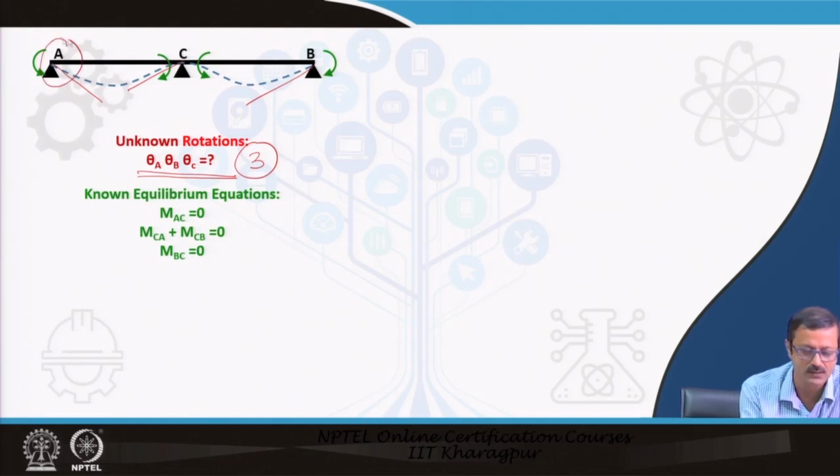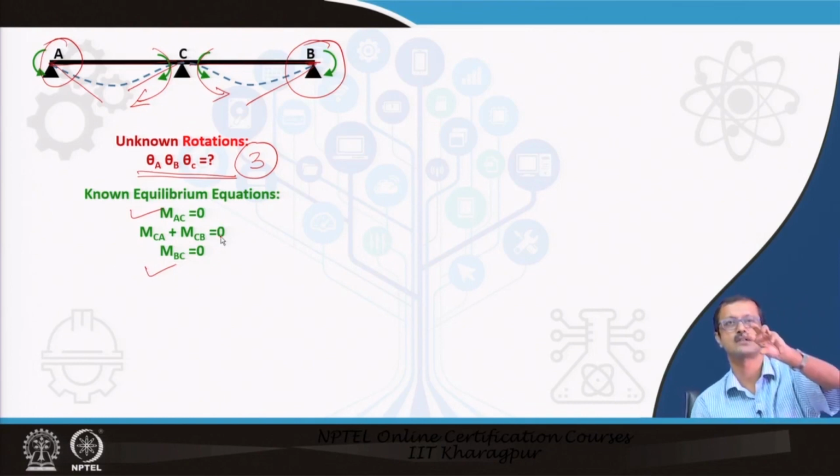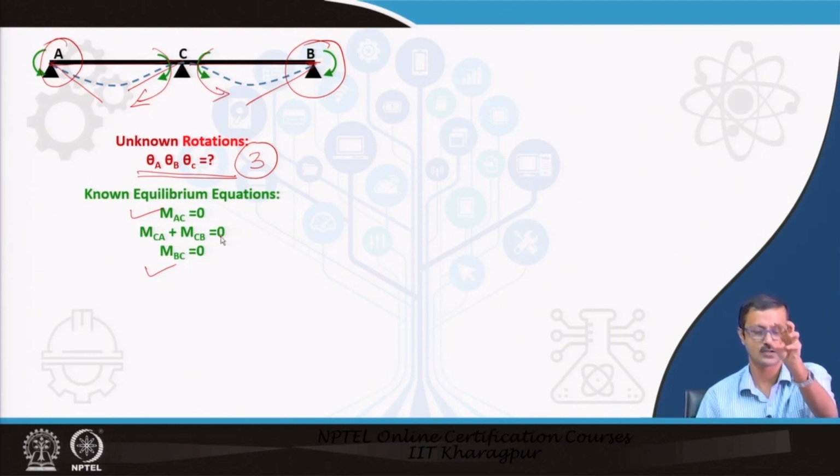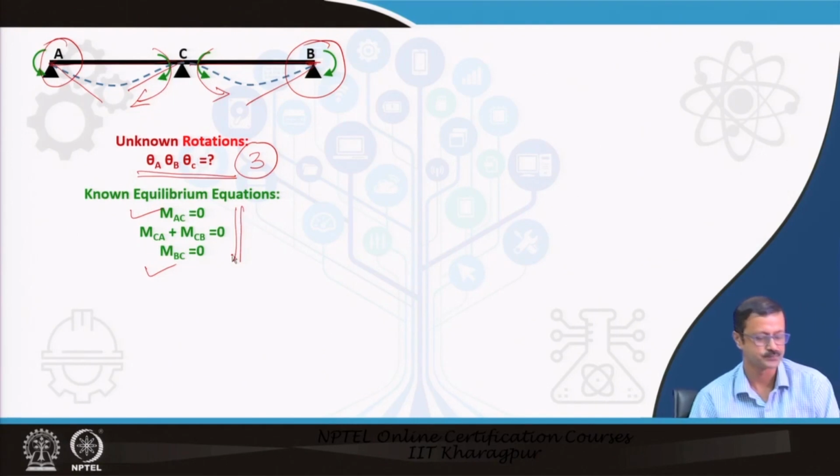Here the moment MAC is equal to 0, and the moment BC is equal to 0. AC means from A to C, BC means from B to C, these 2 are 0. Also, I know that CA and CB have to be equal and opposite, otherwise the support C will rotate; that has to be in equilibrium. So, easily I can find these 3 reactions.